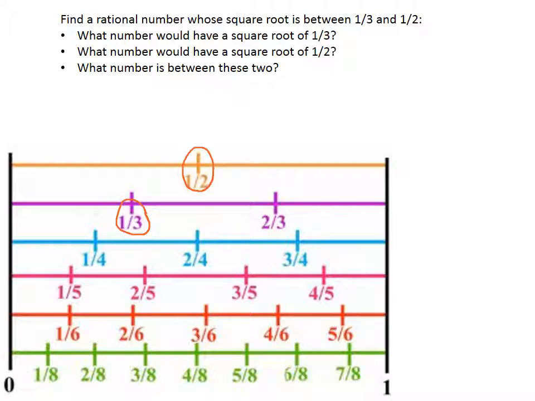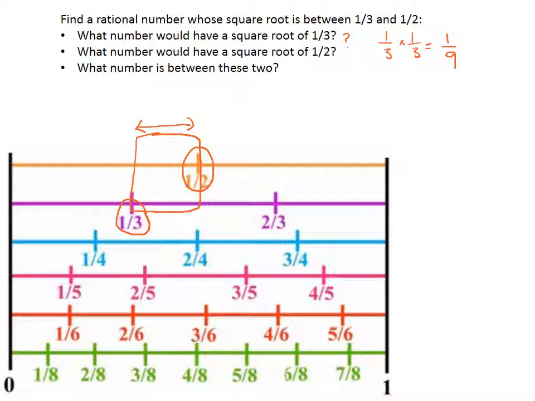So a rational number, some number that we don't know, has a square root that's going to land somewhere in here. Okay, from here to there. Well, what number gave us the square root of 1/3? If I squared 1/3, it's 1/9.